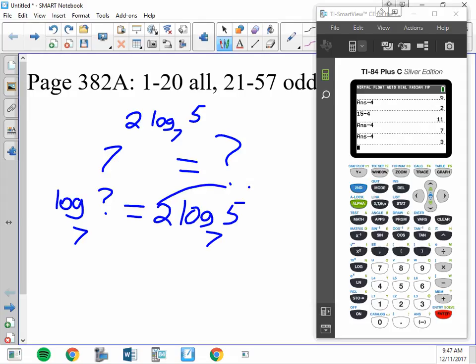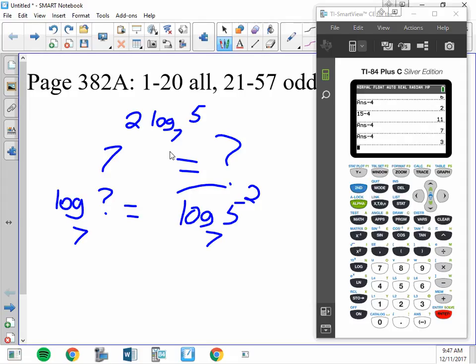Once I move the 2 up, now I have log base 7 of question mark equals log base 7 of 5 squared. So question mark has to be 5 squared, which is 25. So if you ever get stuck in a logarithm problem, convert to logarithm or convert to exponent, depending on what you're looking at. And that will usually help you figure it out. And you may have to just put a question mark in there somewhere, but that usually makes the answer much more obvious.